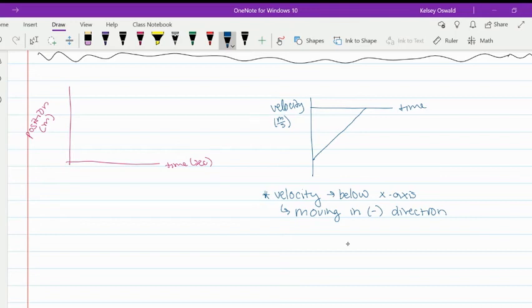The other thing that we can see is that our velocities are getting closer to 0. This tells us that our object is slowing down. So that means on our position time graph, our slopes are going to get less steep.